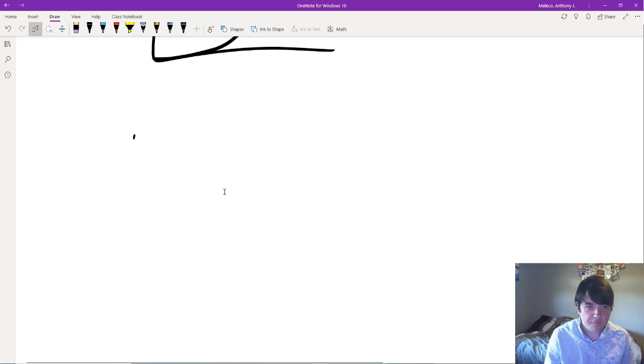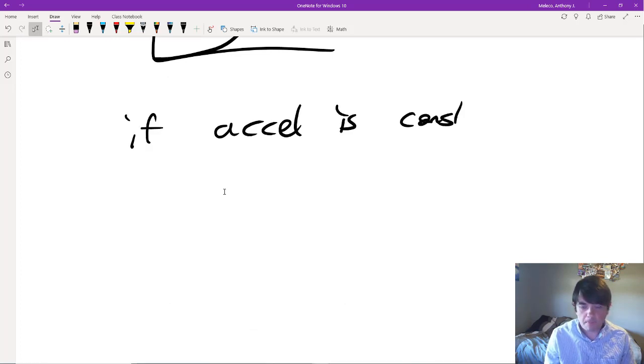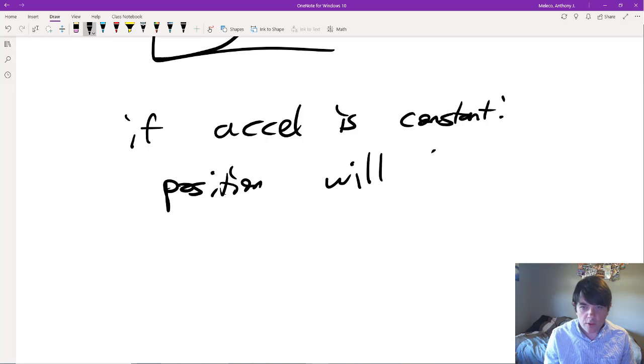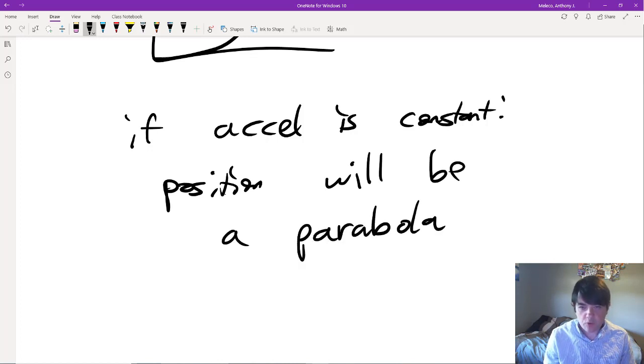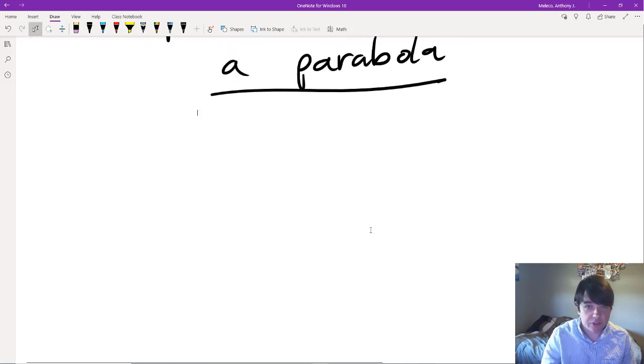Position will be a parabola, okay? And we'll see this when we work with kinematics, which is our first thing. Which means that our position moves faster and faster each time.